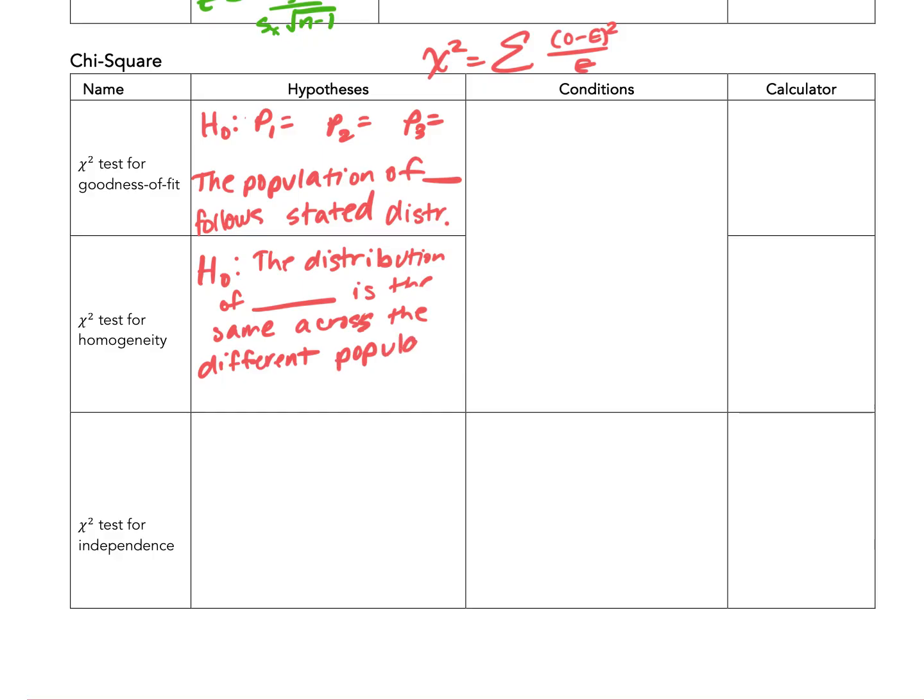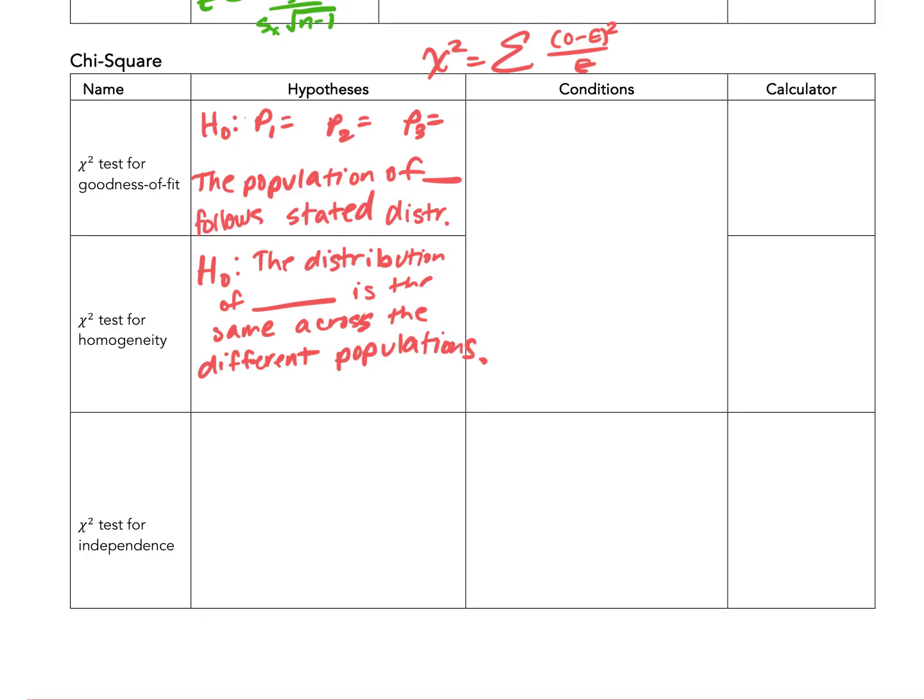So chi-square for homogeneity is the one that comes from multiple populations, either from different regions or different treatment groups, okay? So we used an example of a good test for homogeneity. If it's for an experiment, the example in your notes was people who listen to classical music versus jazz music versus no music, and the distribution of test completion is the same for each treatment group, or for each population, okay?